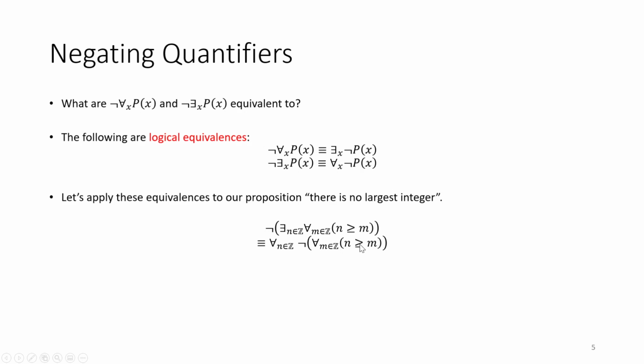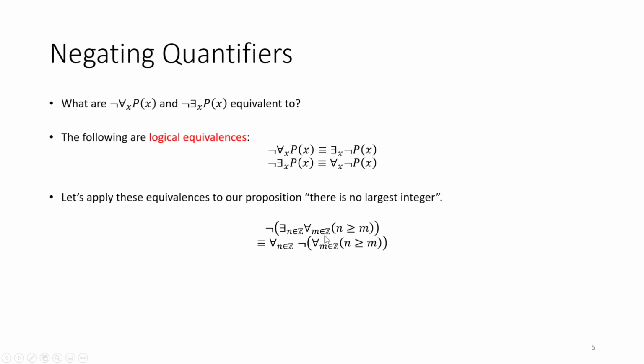If you're trying to say that there is no largest integer, but you can only prove that all the integers that you know of, none of them are the largest integer, or not just the ones you know of, but all the integers, period, none of them are the largest, well then that also implies that there must not be a largest. So let's see if we can take it one step further.